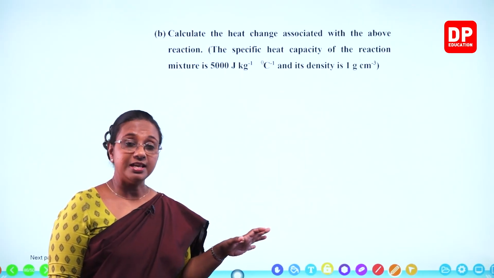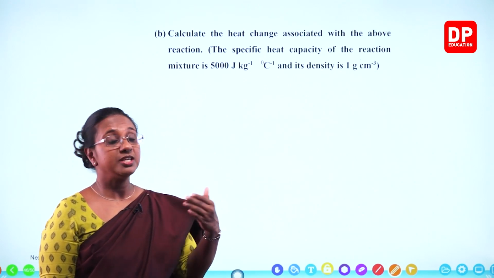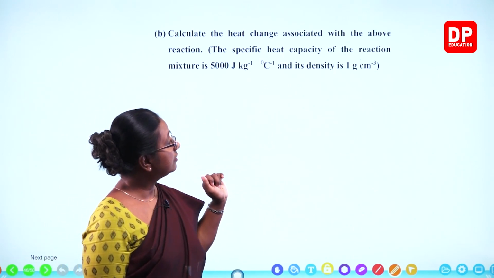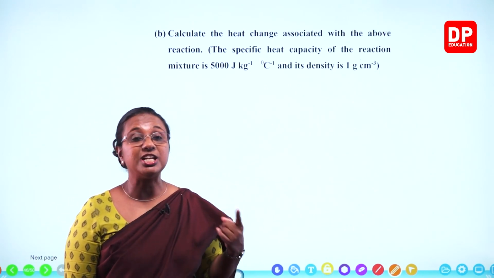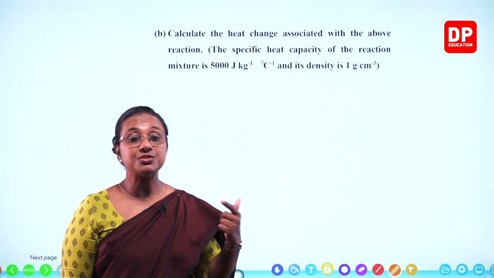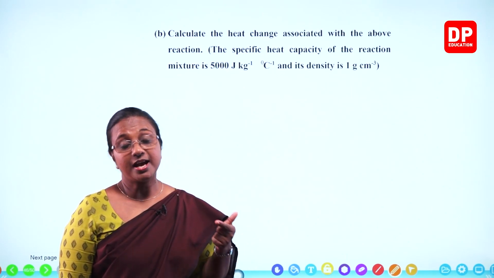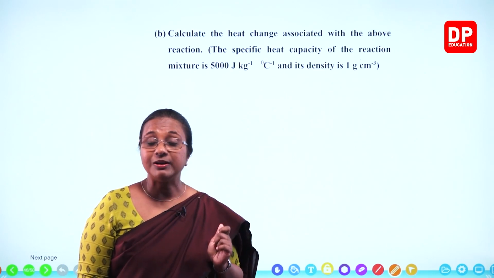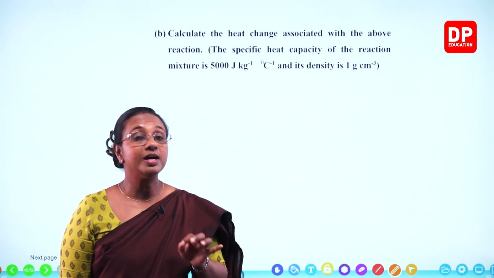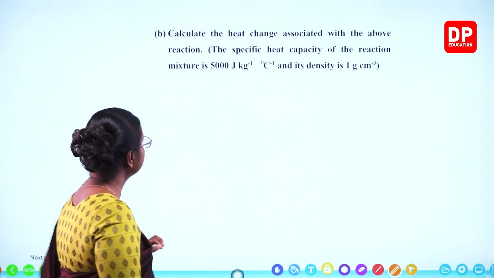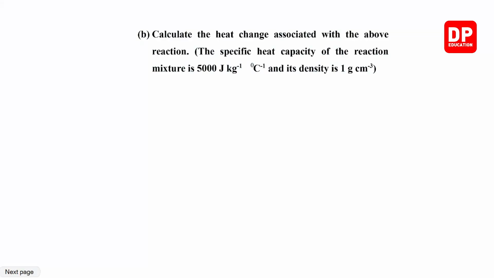We assume that the density of the reaction mixture is the density of water, 1 gram per centimeter cube, so that you can calculate the mass of the reaction mixture. Because to calculate heat, Q equals mc theta. That is the equation. You need to find mass. Mass is equal to density into volume.